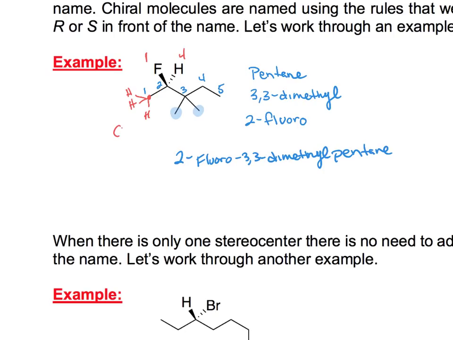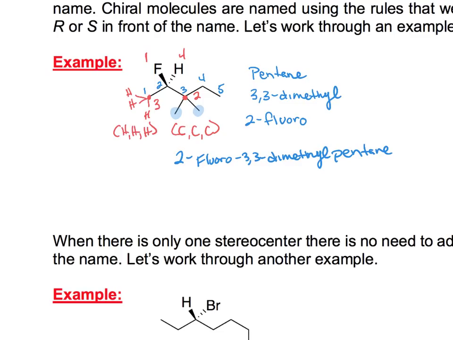So this would be H, H, H. This carbon here is attached to 3 other carbons. Carbon, carbon, carbon. So it's a C, C, C. So this guy wins over here. So this would be 2.